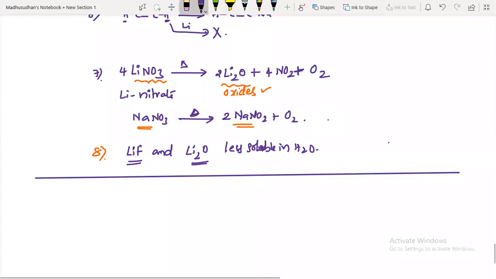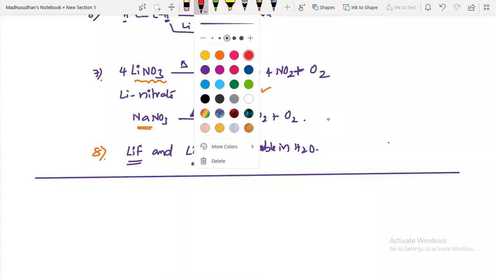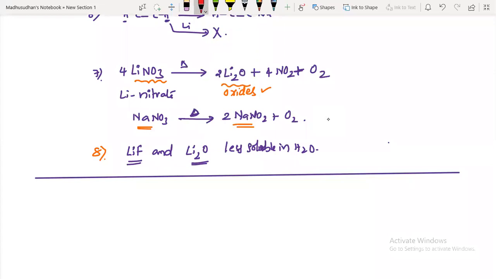Next, we'll move to another concept. Next, the diagonal relationship with magnesium.